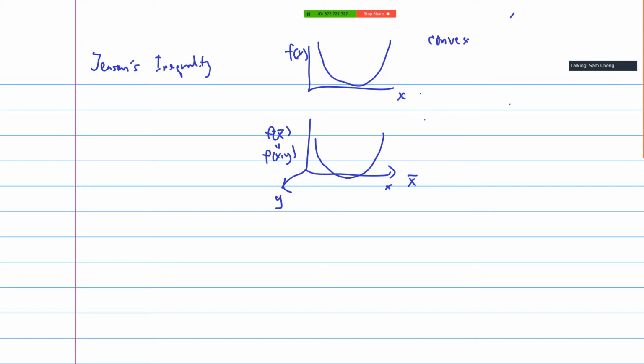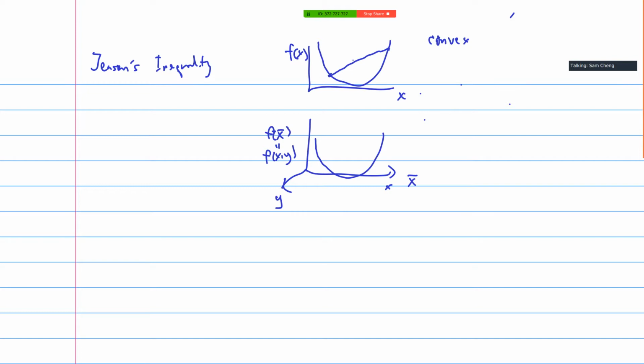A function is convex if it has a shape like this, in the sense that if you connect any two points on the function and draw a line there, the line will always be above the function.